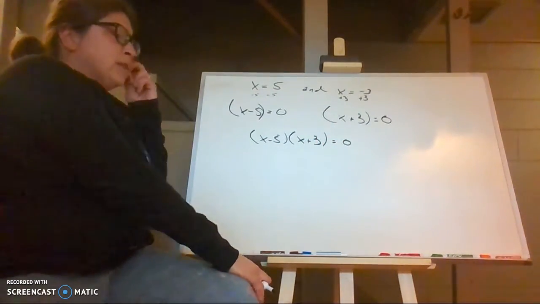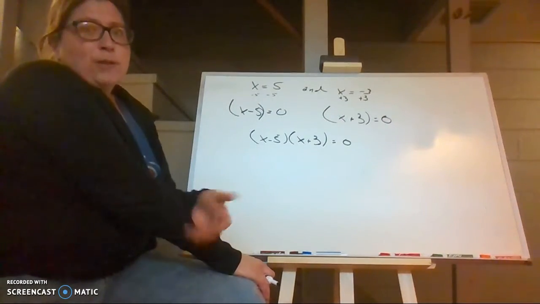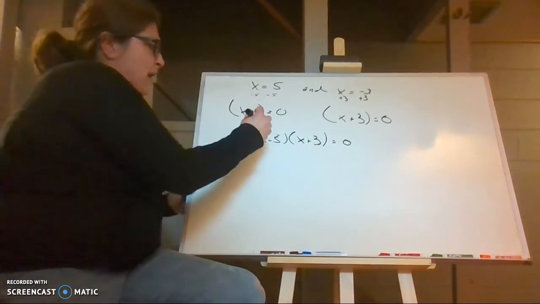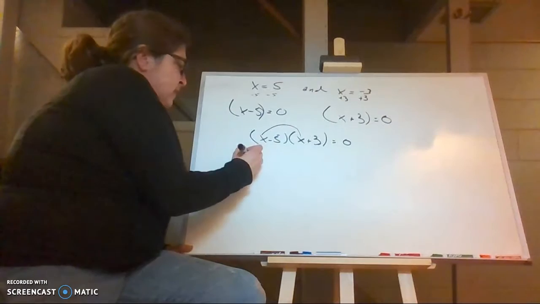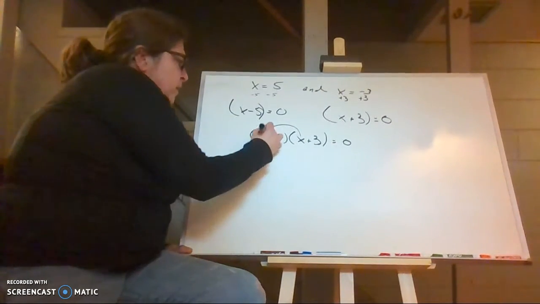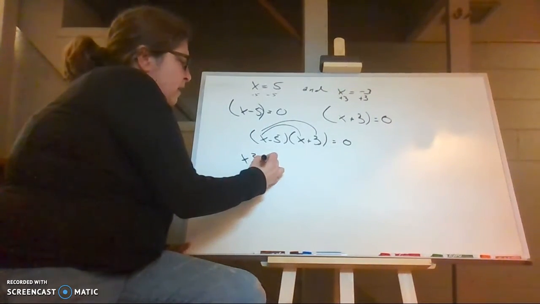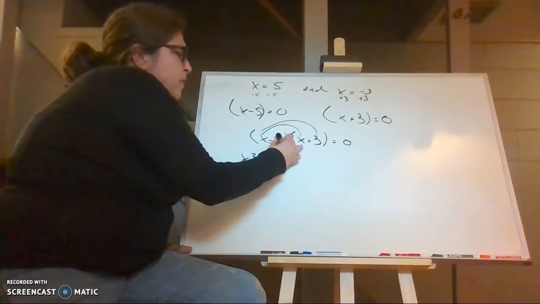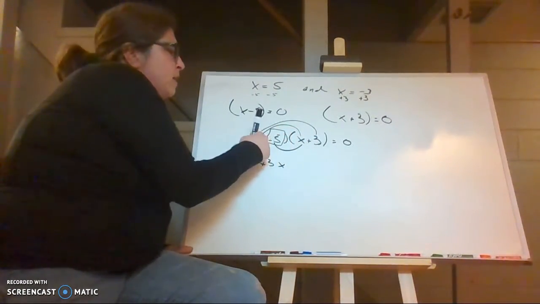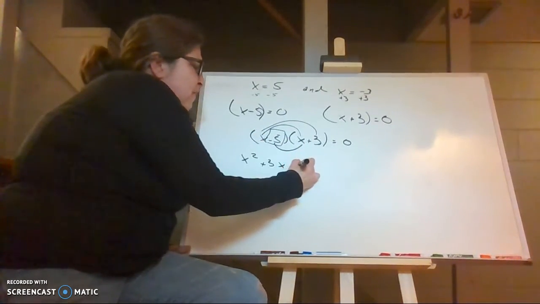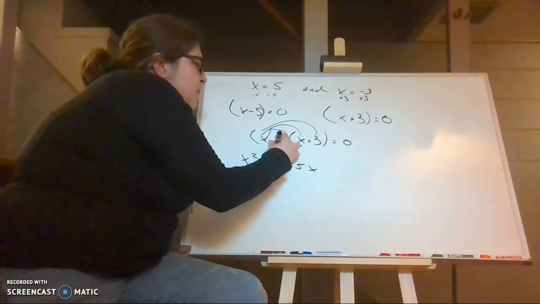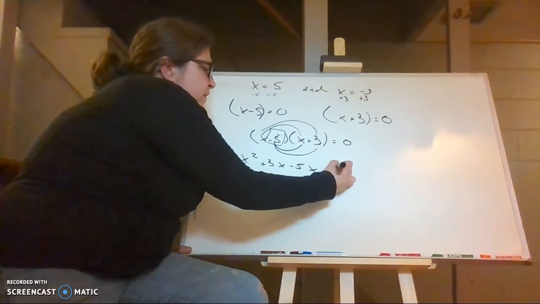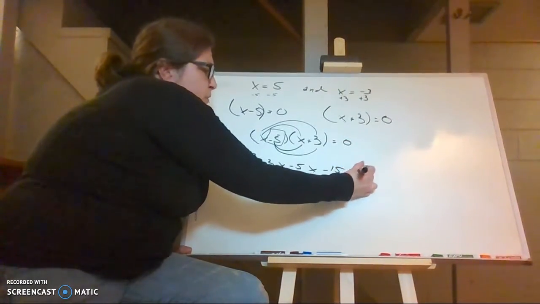Now, to get to the full quadratic equation, I can multiply this back out. x times x is x squared. x times 3 is 3x. -5, don't forget the negative. -5 times x is -5x. And then -5 times 3 is -15, and that still equals 0.